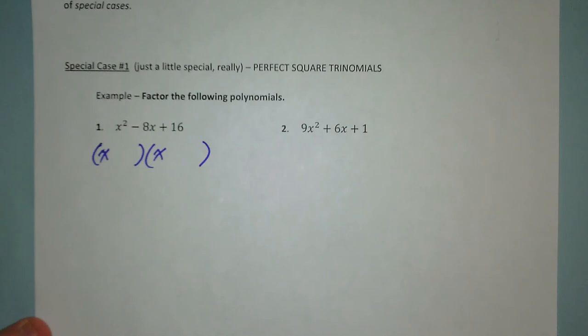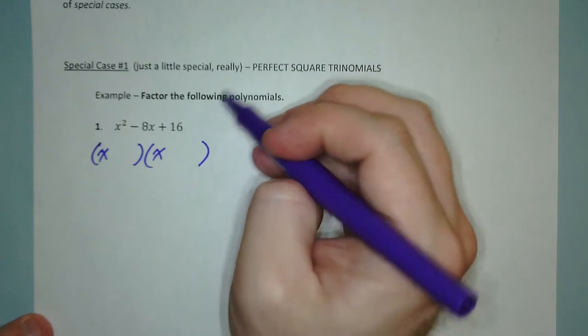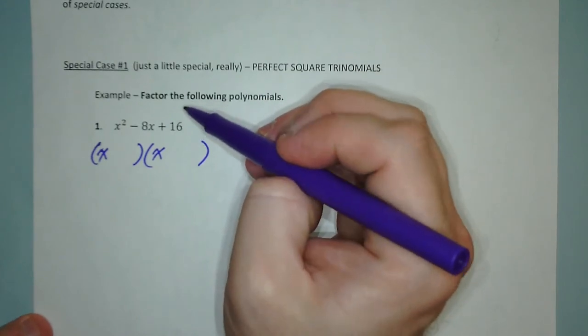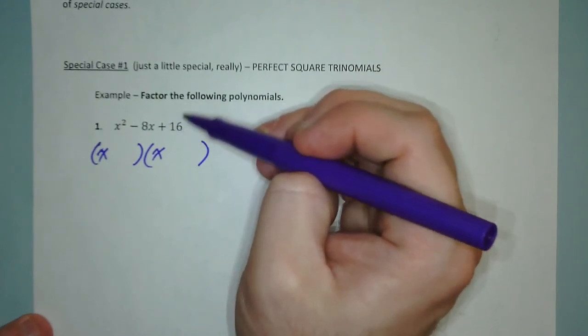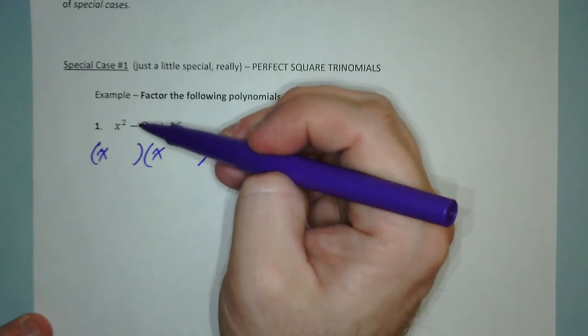Negative 2 and 4. It's not a bad guess, but remember, Aaron, they have to multiply to make the positive 16, and they add up to negative 8, not multiply.